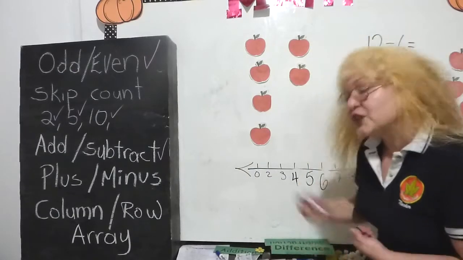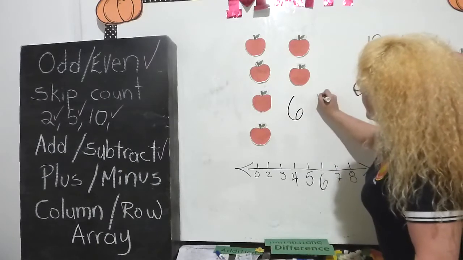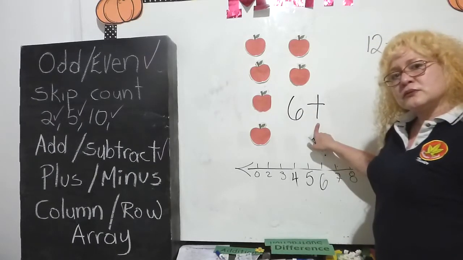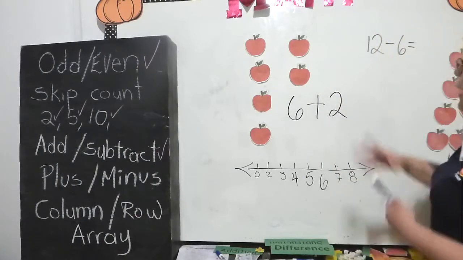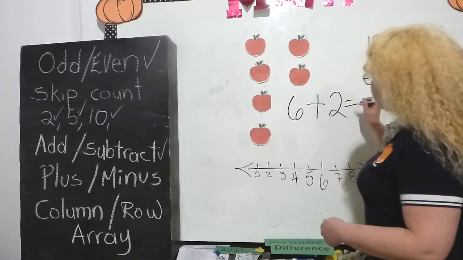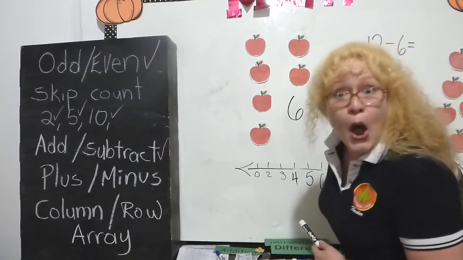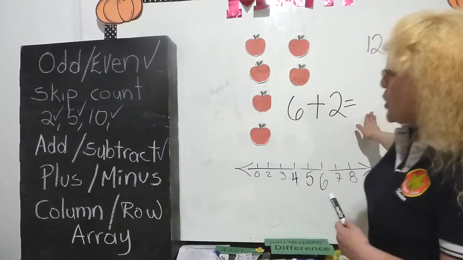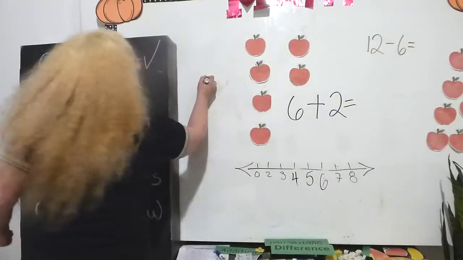In my equation here, I am going to write 6. What is this symbol? Plus 2. Okay? So I have equals. I need to find the sum. Sum, right? Where's the sum? Did I put it there? No, I didn't.